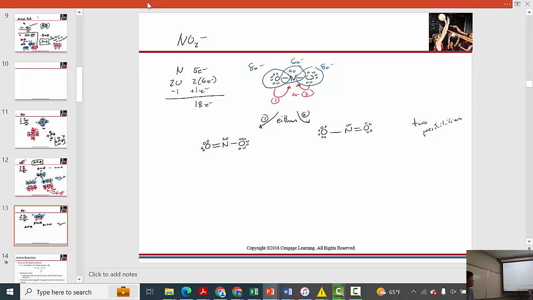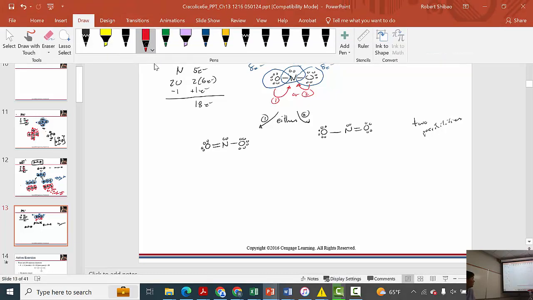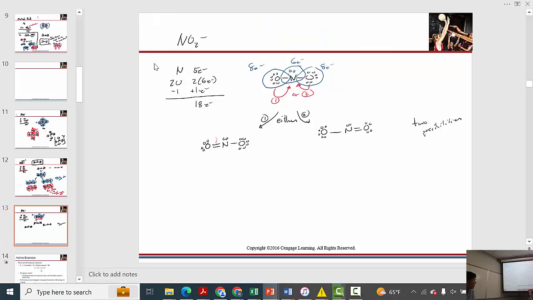Let's take a look at the formal charges, because the formal charges, that's what we do next. If we look at the formal charge on this oxygen, what is it? 6. Yeah, this has 6 electrons, and it donated 6. 0. This nitrogen? 5. 0.